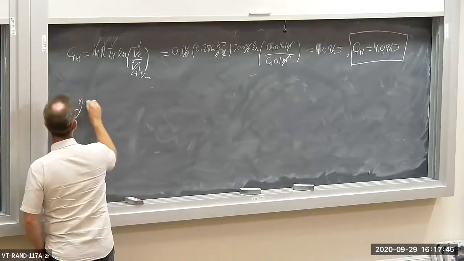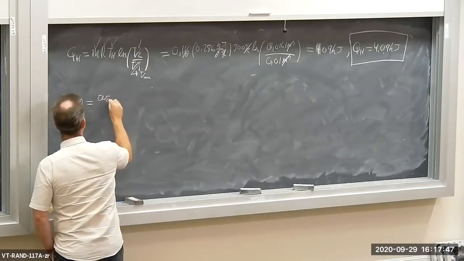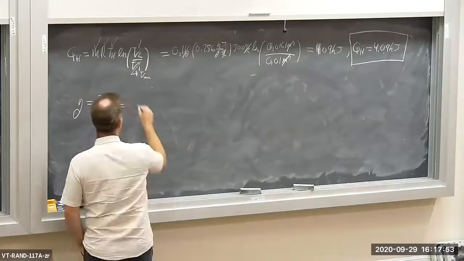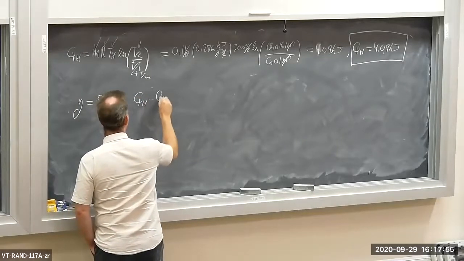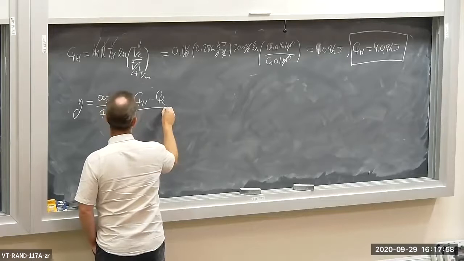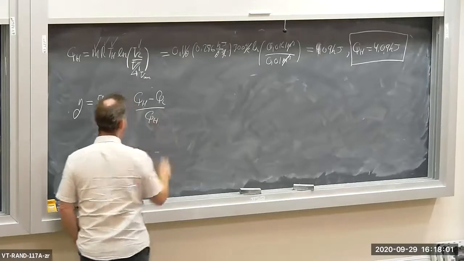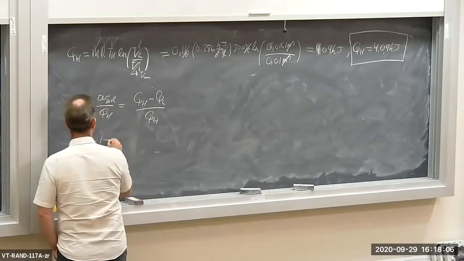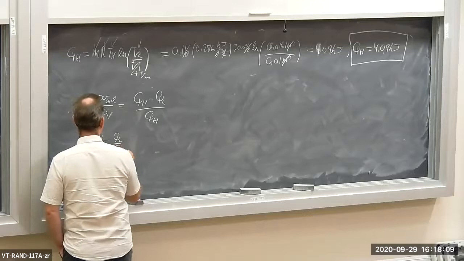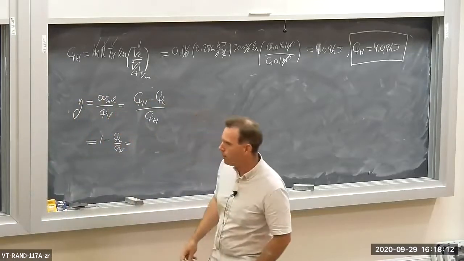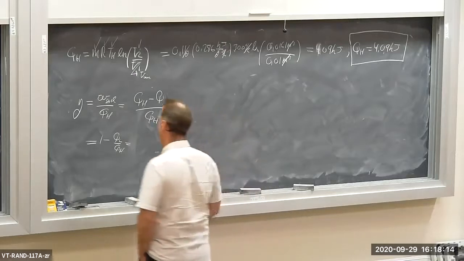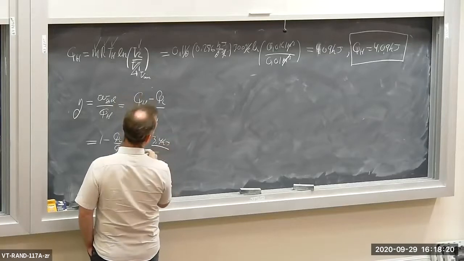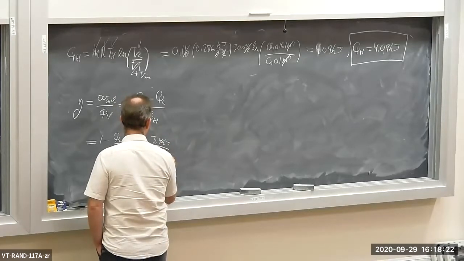So efficiency is equal to the cycle work divided by the heat input. The cycle work is equal to the heat received from the high temperature reservoir minus the heat rejected to the low temperature reservoir. And of course, that's all divided by Q high. And again, we get 1 minus Q low over Q high. Now, Q low is 3.4 kilojoules, and Q high is 4.09 kilojoules.